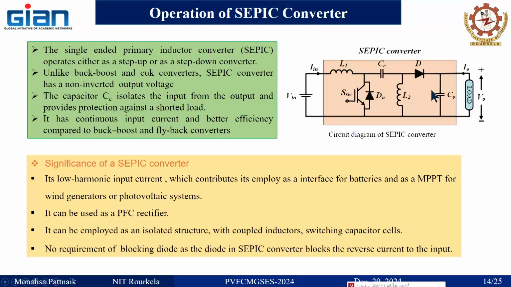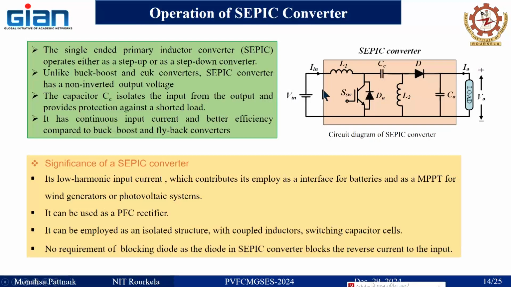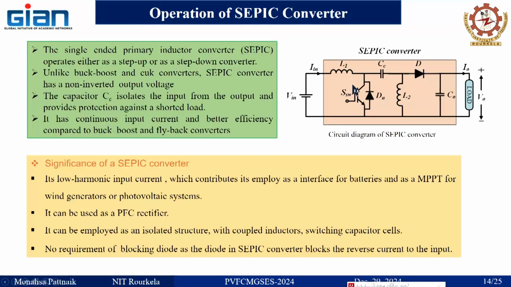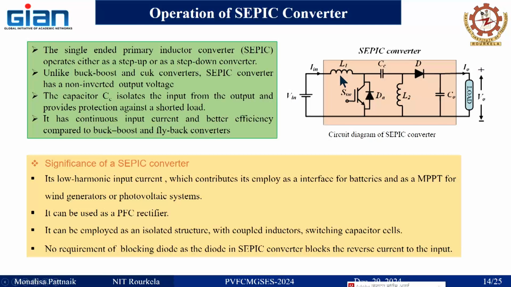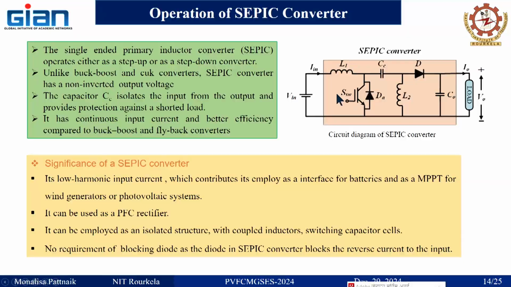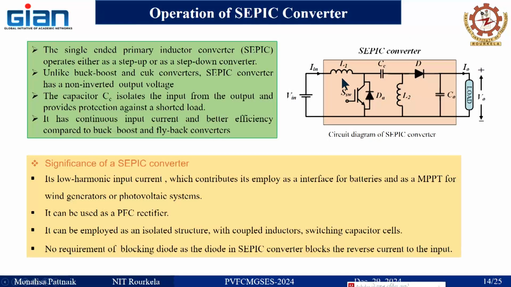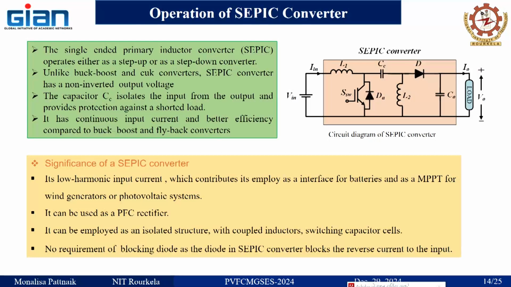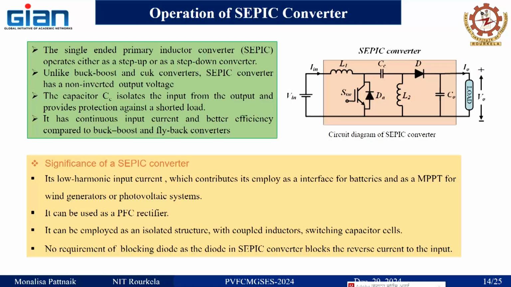Also, in the buck boost converter the switch is at the input side, so there is some discontinuity in the input current, but here there is no discontinuity because of the inductor. The input is always connected to the load.